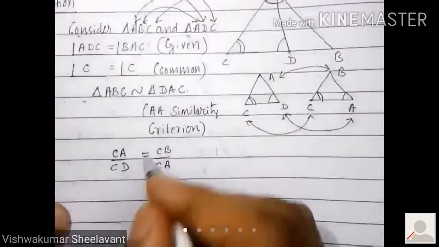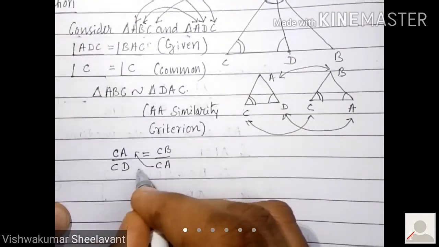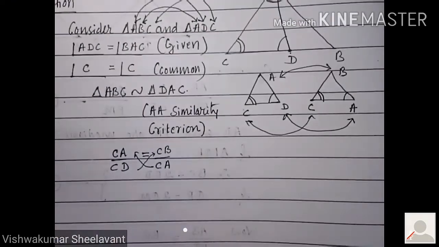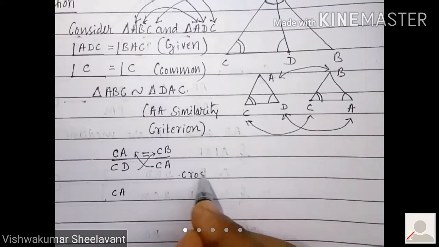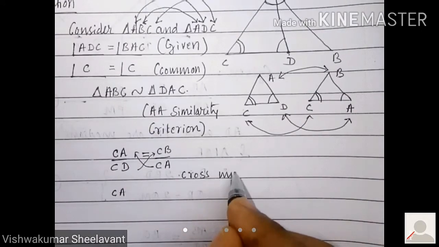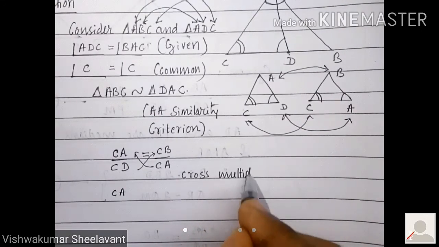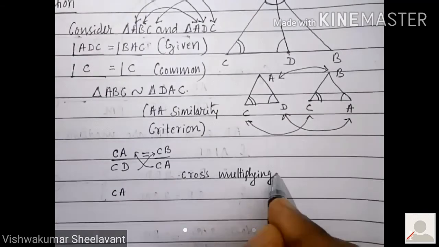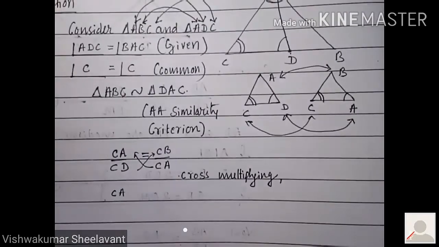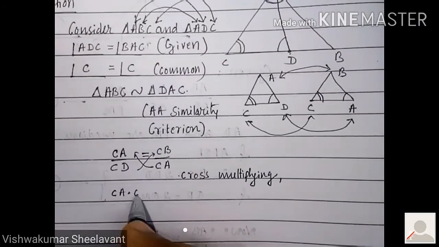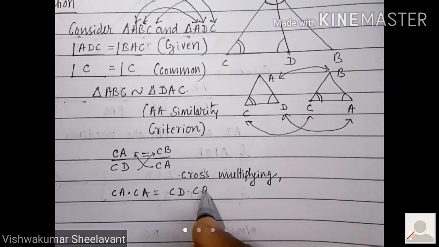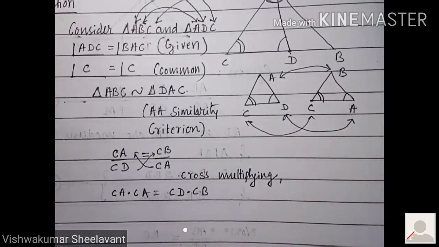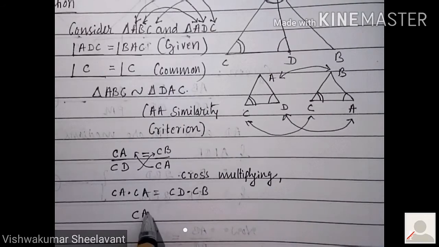Now simply cross multiply. Right here, cross multiplying. CA into CA equal to CD into CB. CA into CA is what?